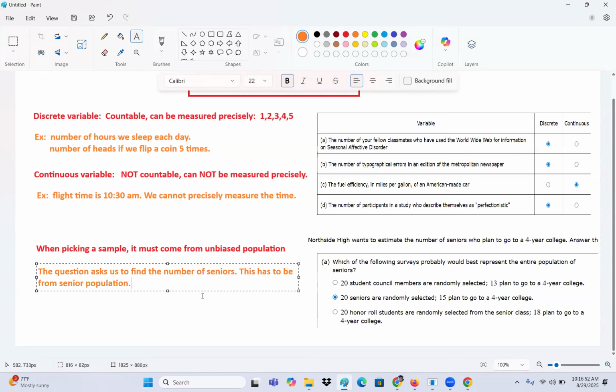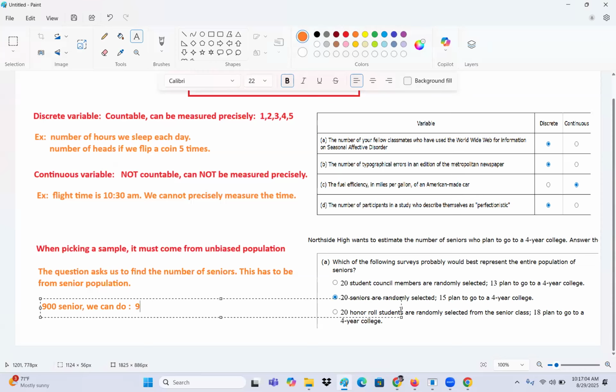And then we can do the math for that. So let's say assuming that we have 900 seniors, and you know that for every 20, 15 go to a four-year college. So we're gonna take 900 times 15 over 20.